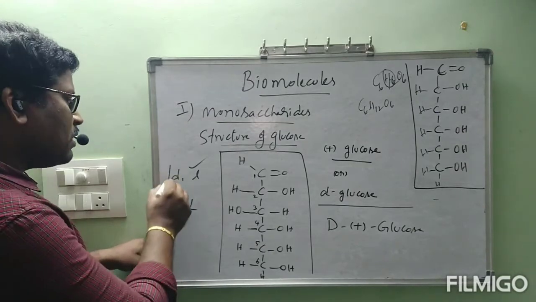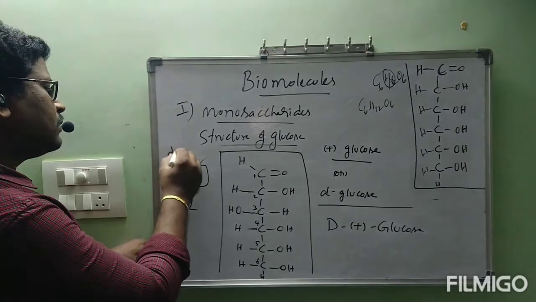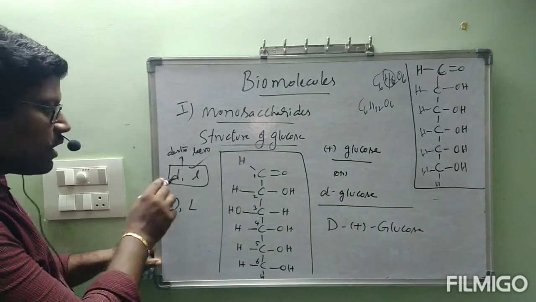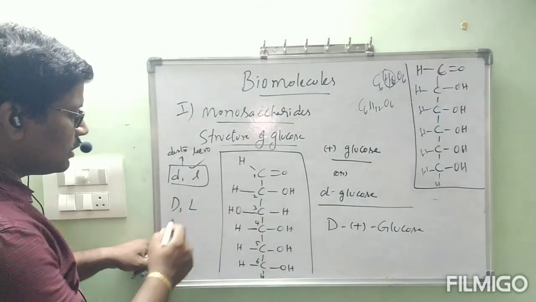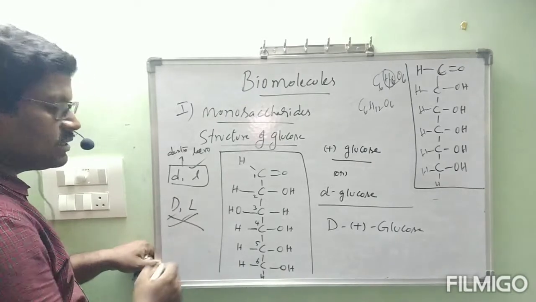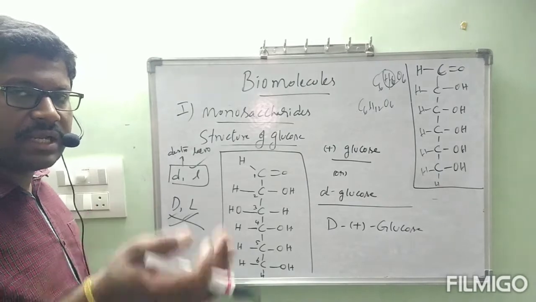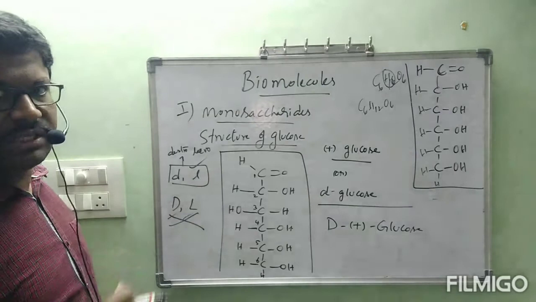The small d small l representation is related to optical activity, dextro and levo. But capital D capital L is not related to optical activity. It is related to glyceraldehyde representation. That glyceraldehyde representation, all these things, in the next class we will see, ma.